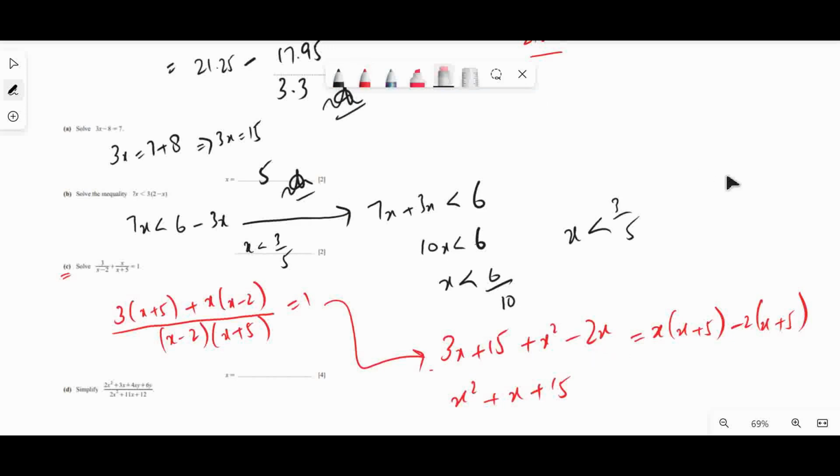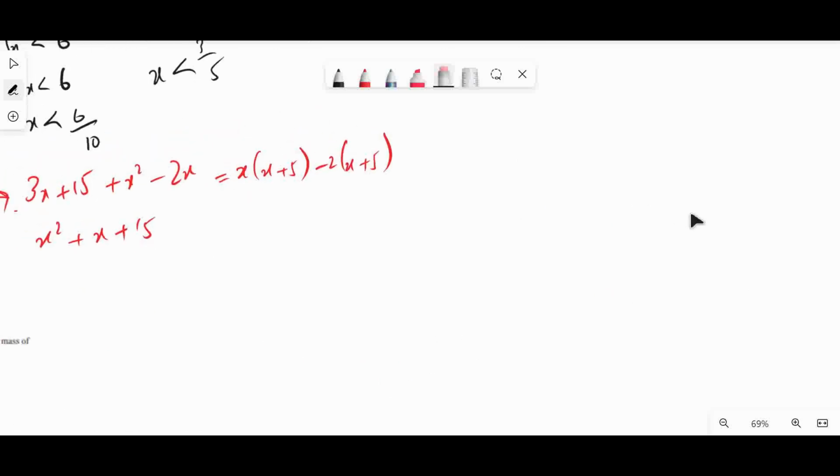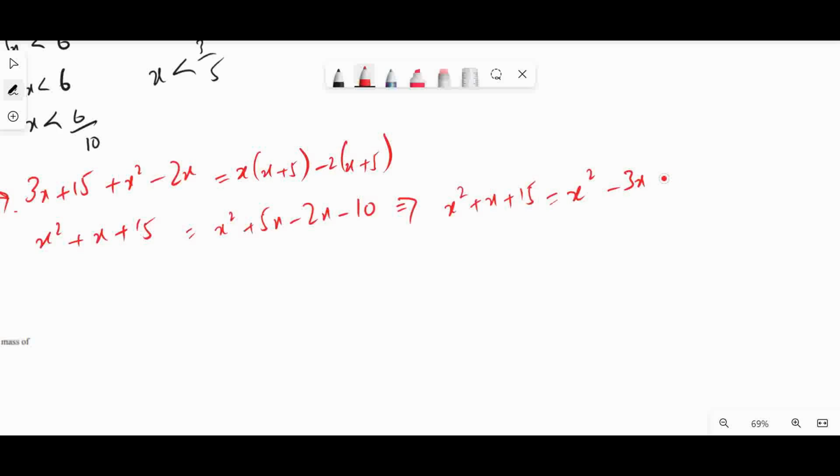Now this will be equal to x square plus 5x minus 2x minus 10. So finally this will be x square plus x plus 15 is equal to x square plus 3x minus 10.